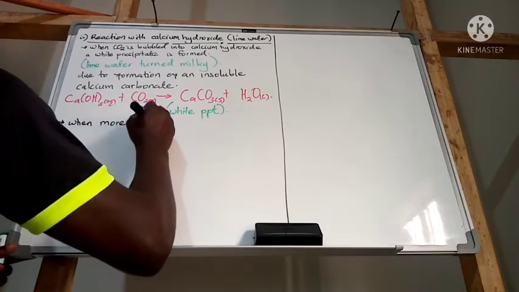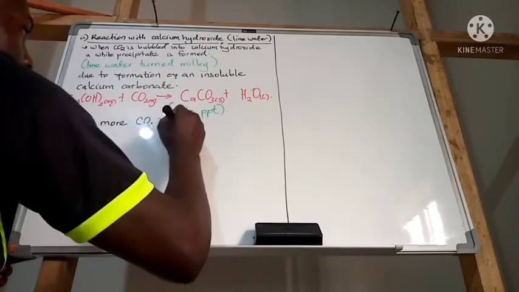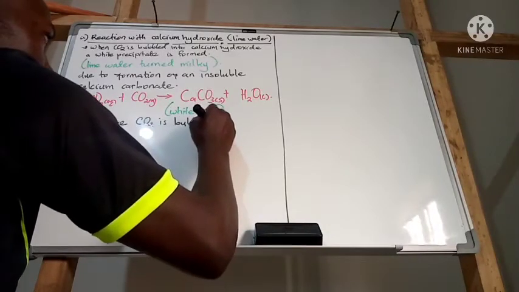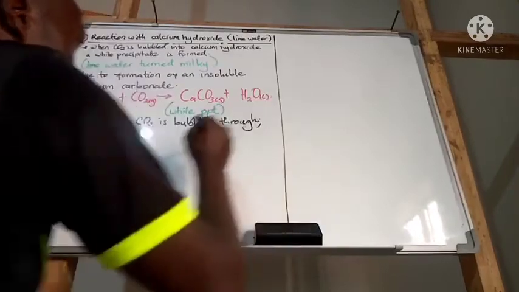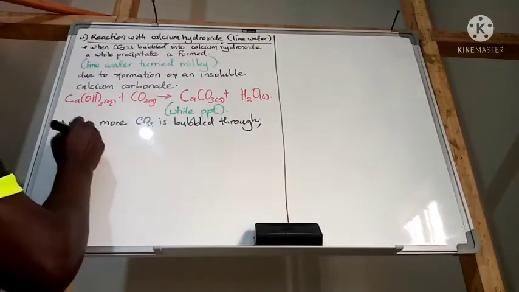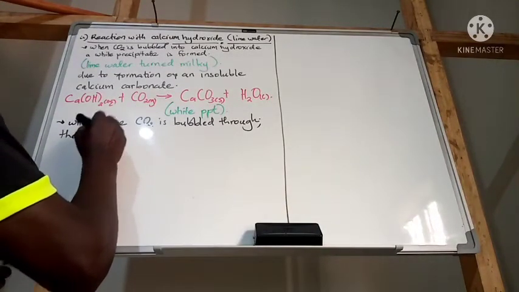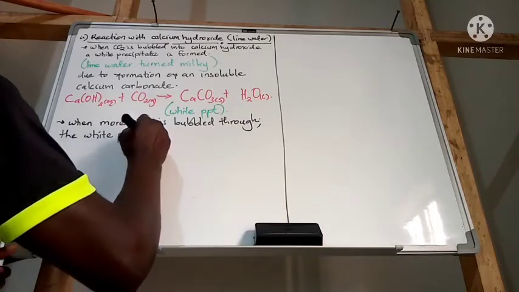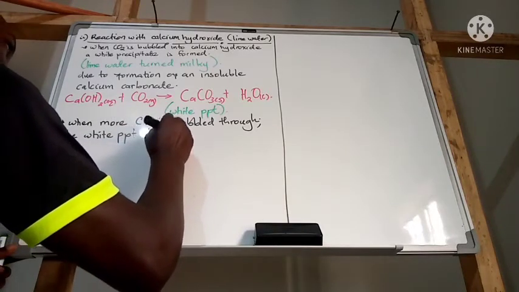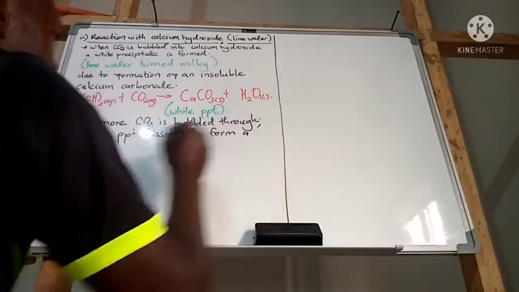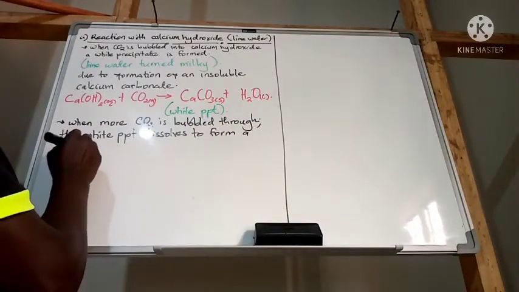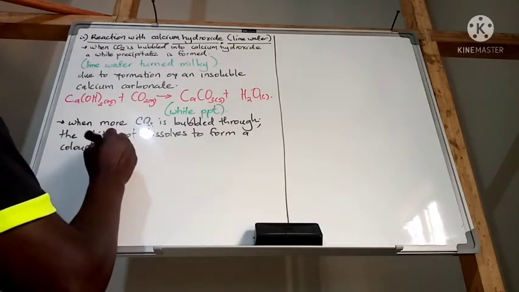when more carbon dioxide is bubbled through, the white precipitate dissolves to form a colorless solution.